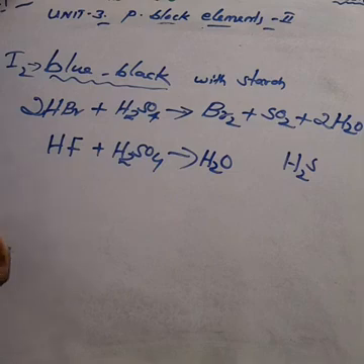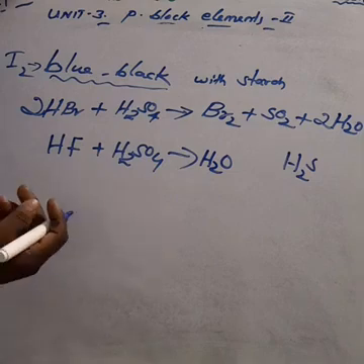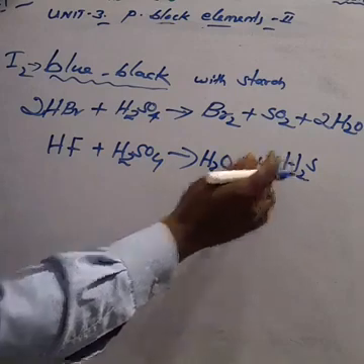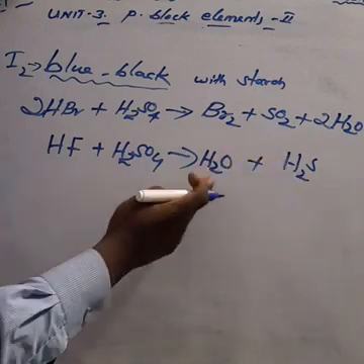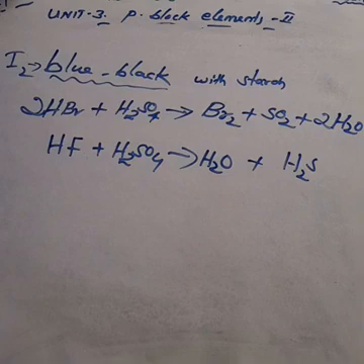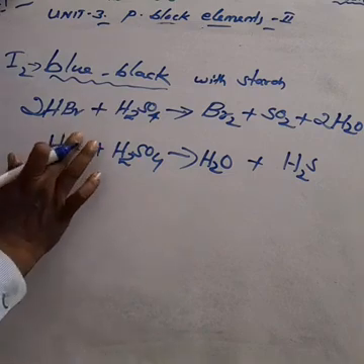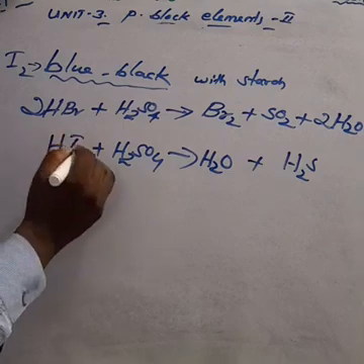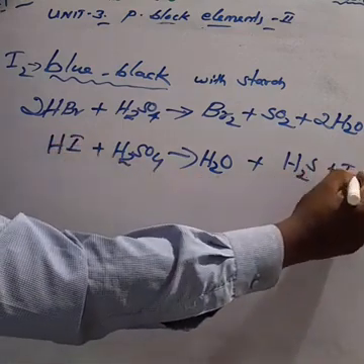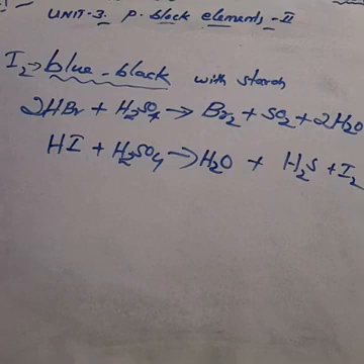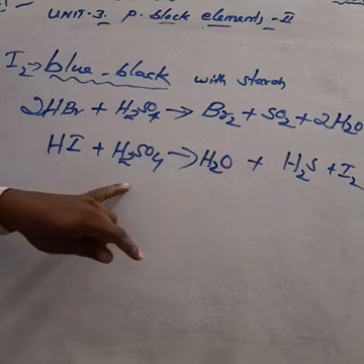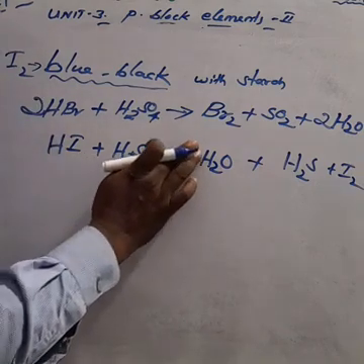Hydrogen sulfide, H2S, plus water molecules, H2O, plus iodine. Am I right? Having iodine, so that's how you have to write iodine, I2. How can you balance the equation? The reactant side has how much oxygen in sulfuric acid? 4. So make the product side 4 water molecules.